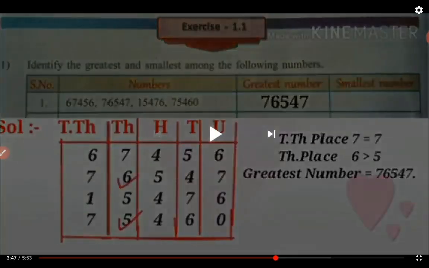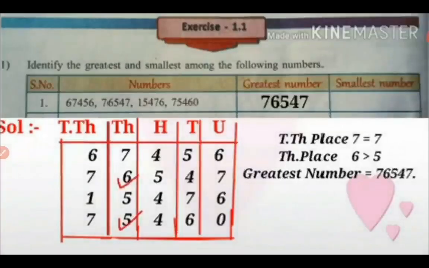What you need to do is, after placing the numbers in your place values, first see that 10,000 is the greatest place value, isn't it? So in 10,000, check which number is greater. You have 7 as the bigger number, isn't it? Since we have two numbers starting with 7, now move to the next place value, that is 1000, and check which number is greater.